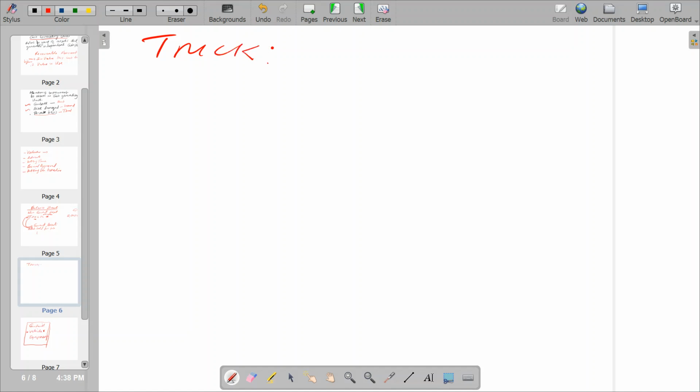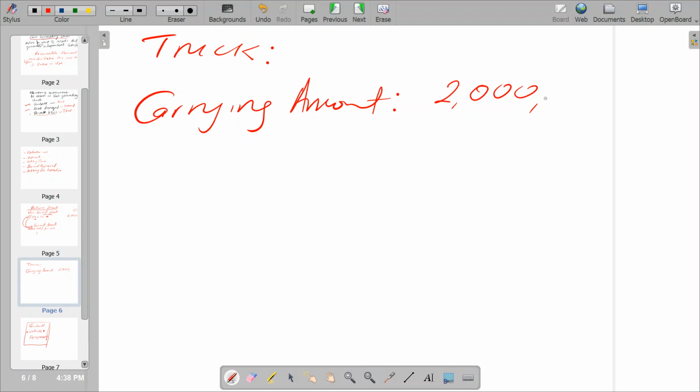Okay, and let's say that the carrying amount is 2 million. Okay, now the fair value less cost to sell.